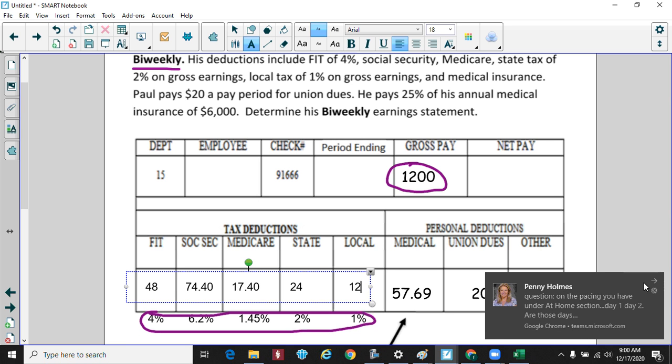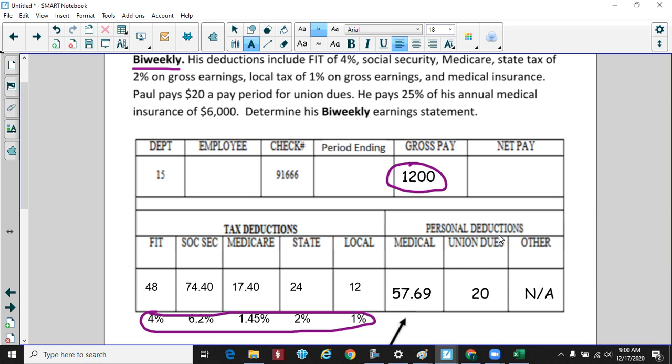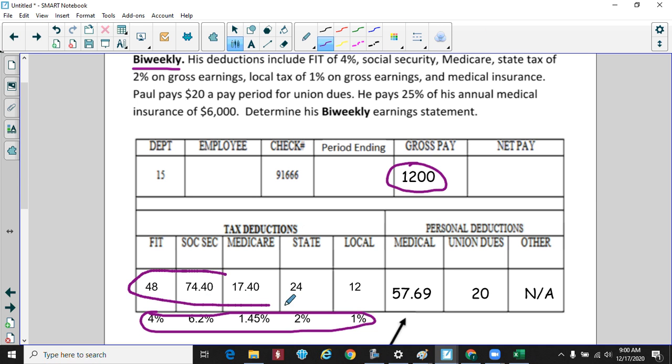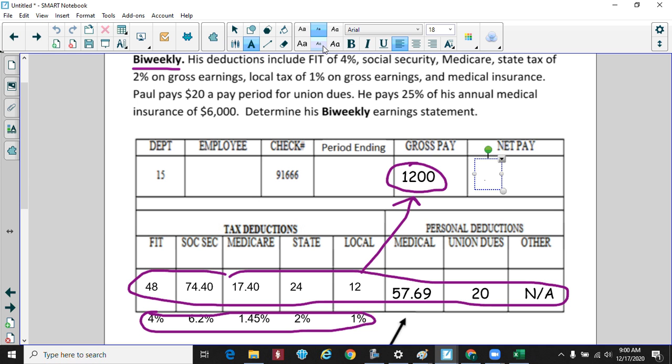All right. So we're going to take all of our deductions, everything we wrote down, and subtract it from 1,200, and we're going to get our net pay. So our net pay ends up being, after it's all said and done, $946.51.